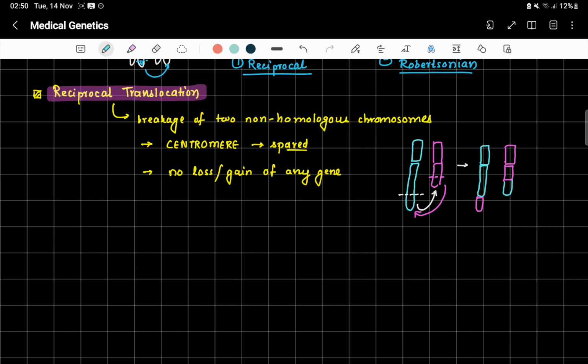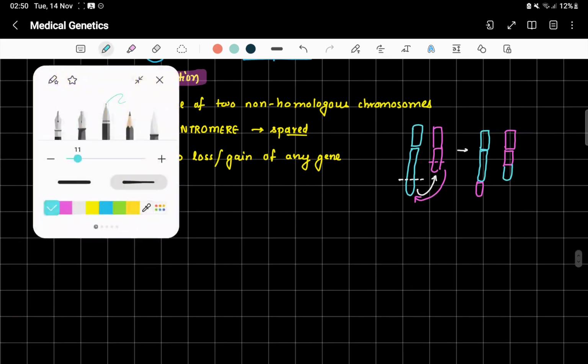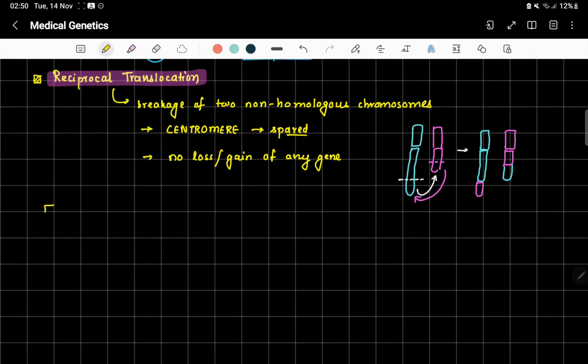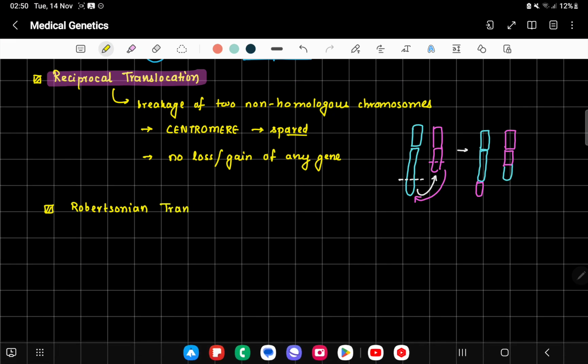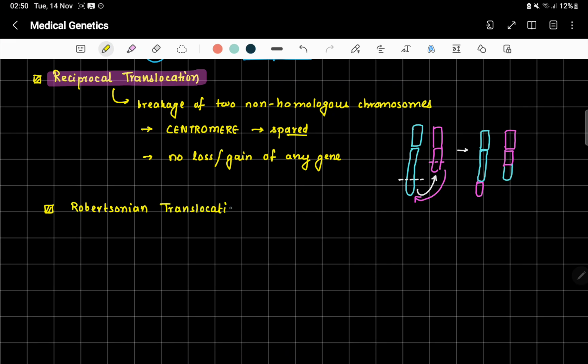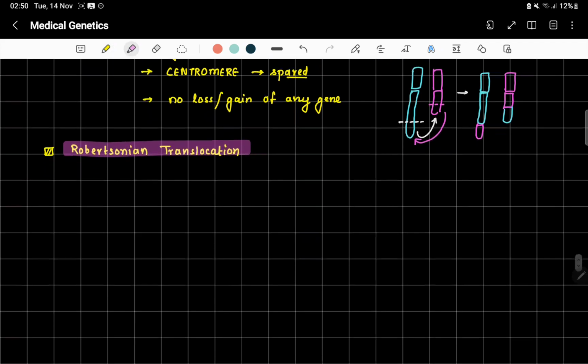And then we have the Robertsonian translocation. About Robertsonian translocation, let me tell you something. Robertsonian translocation involves two acrocentric chromosomes of different homologous groups.